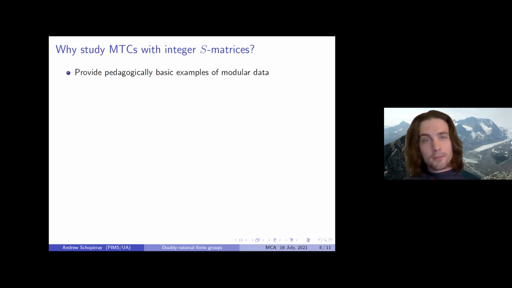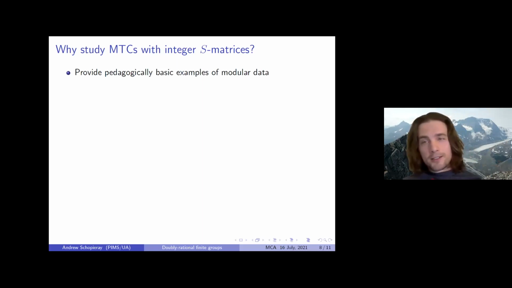When you look at very simple modular tensor categories, or in particular at their S matrices, often you end up with a matrix whose entries are big sums of roots of unity, and it's even difficult to write them on a slide when they're rank 6 or 7 without using some sort of formula that you have to compute.